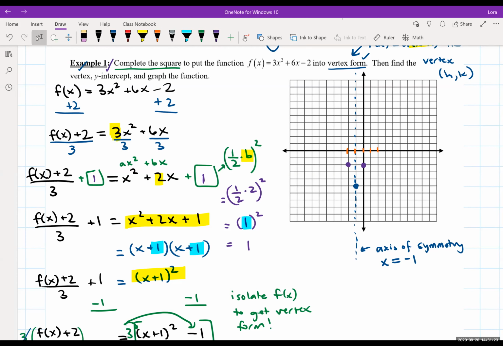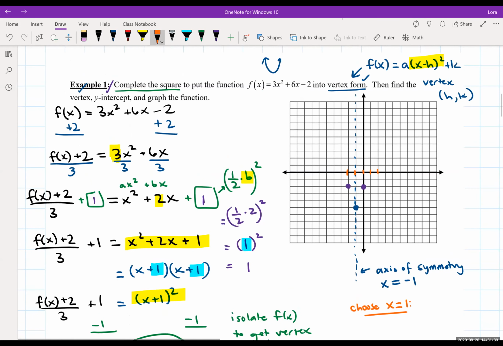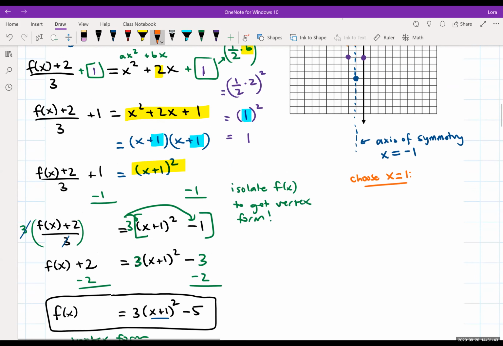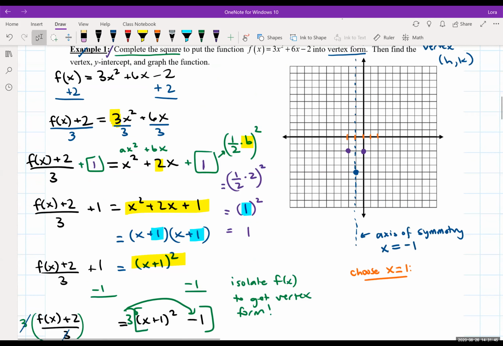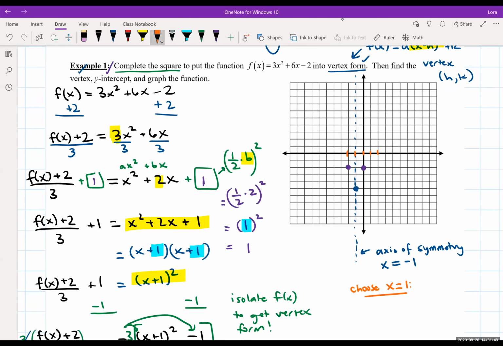What I'd be looking at is maybe choosing points. I might plug in x equals 1. I could plug it into the general form, or I could plug it into my vertex form, whatever you find easier. In any sense, we're pretty good at plugging in in college algebra, so I don't have a problem with using the general form.